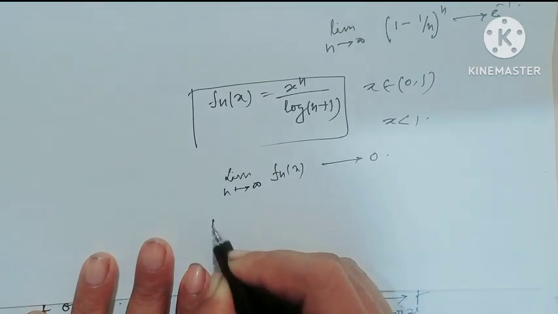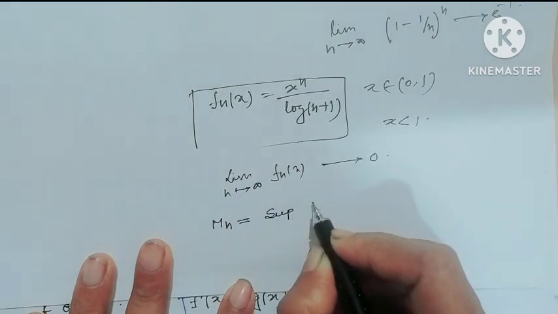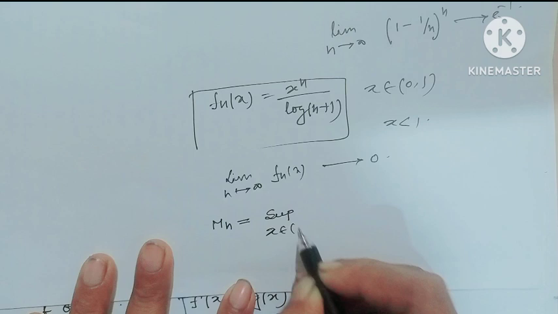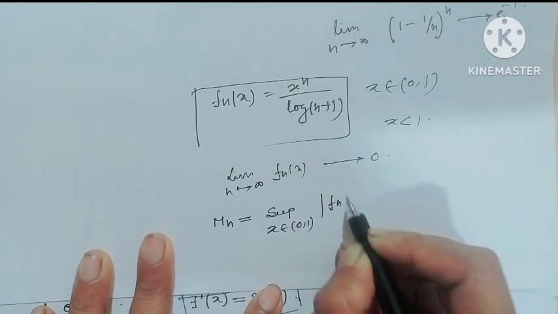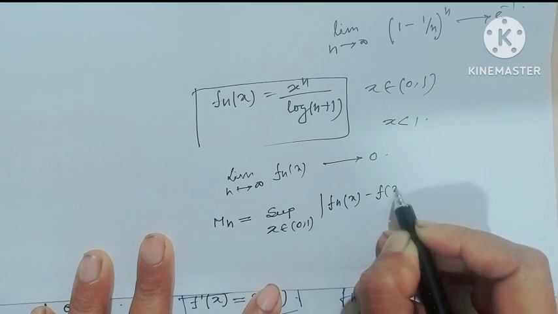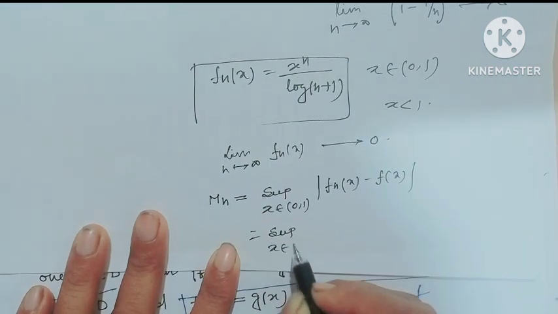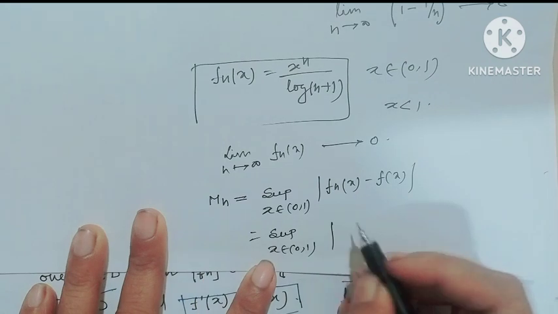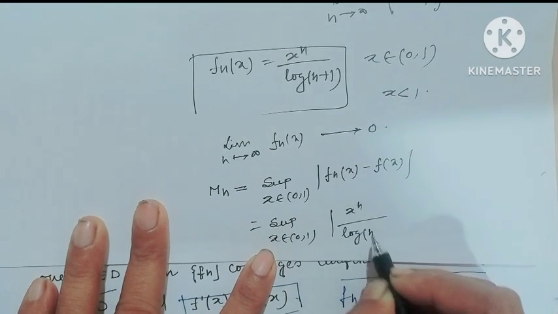Now we have to find whether this convergence is uniform. For this I will apply the Mn test, which is the supremum over x in the open interval (0, 1) of fn(x) minus f(x), and this value is the supremum of x to the power n over log(n plus 1).